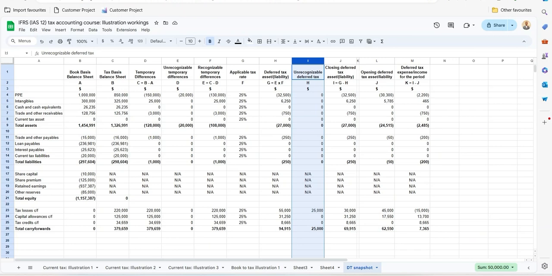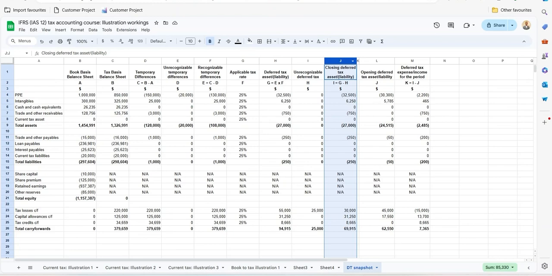In fact, every time you calculate deferred tax and you get a deferred tax asset, you must always check whether it's recognizable or not. If it's not, you do not recognize it. And so that's the recognition, and then it takes you to your closing deferred tax asset or liability.